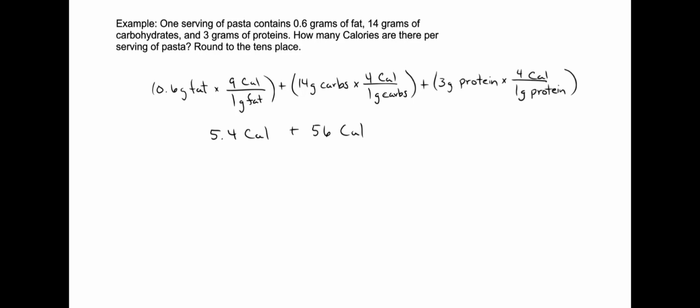And then here we have 3 times 4 is 12 calories. So adding this up and rounding to the tens place, this gives me 73.4. So rounded to the tens place, that would be 70 calories.